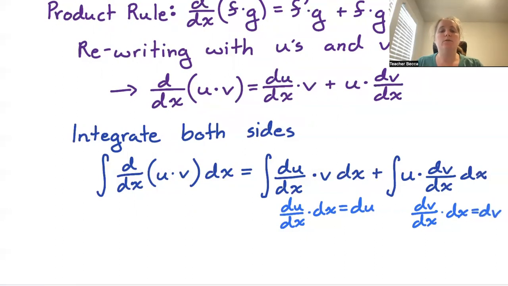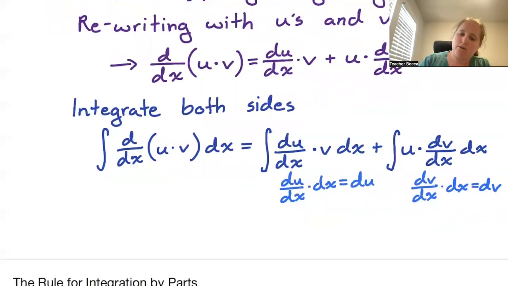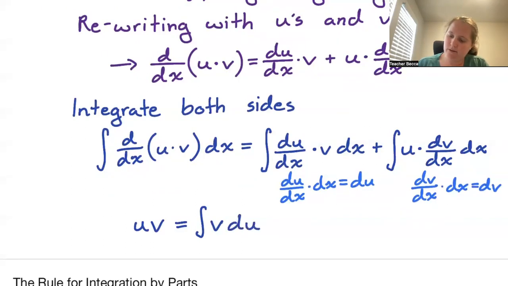And of course, the integral of the derivative comes up essentially with uv plus or minus a constant, right? So the left-hand side becomes uv, and the right-hand side becomes the integral of v times du plus the integral of u times dv.